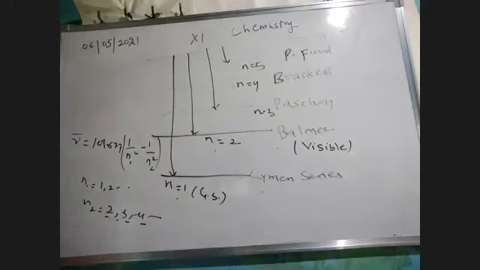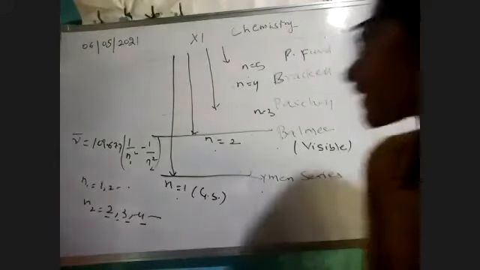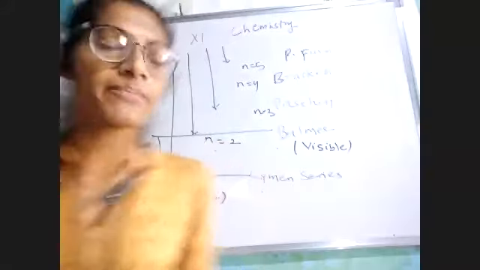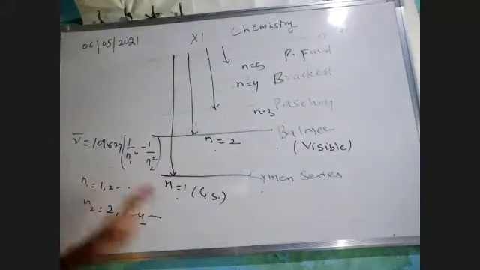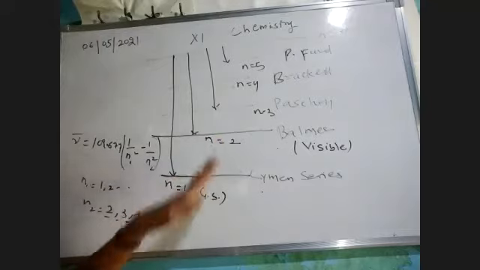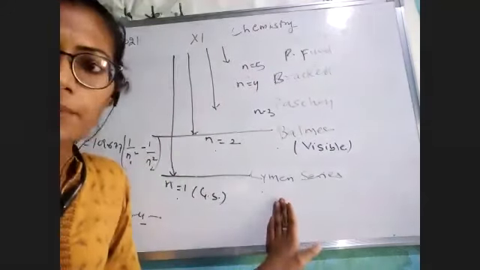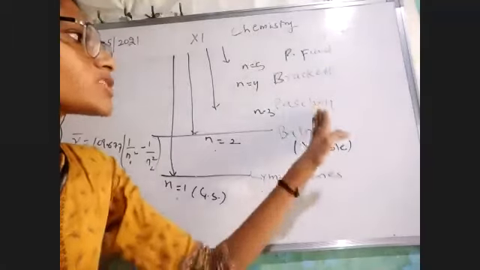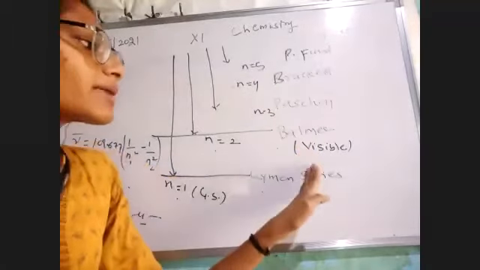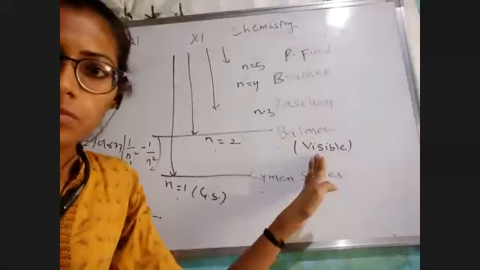So please remember that n1 is 1, 2, 3, 4. On the basis of this, we have different series: Lyman, Balmer, Paschen, Brackett, Pfund. And Balmer lies in the visible region.